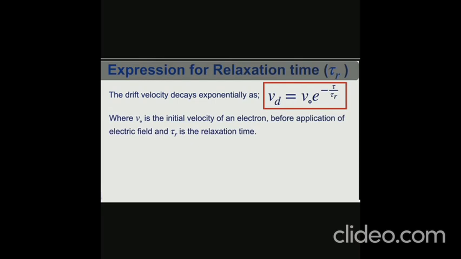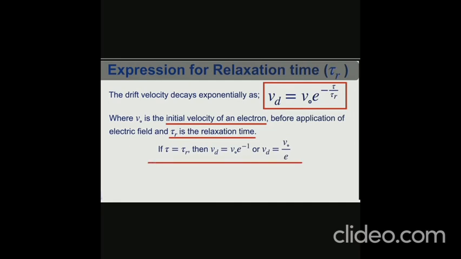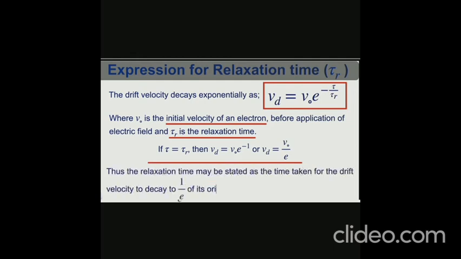If tau equals tau r, then Vd equals V naught times exponential of minus 1, or Vd equals V naught divided by e. Thus the relaxation time may be stated as the time taken for the drift velocity to decay to 1 by e of its original initial value.